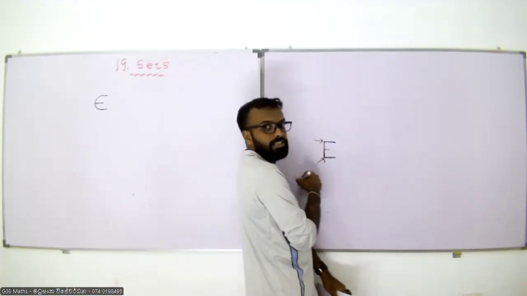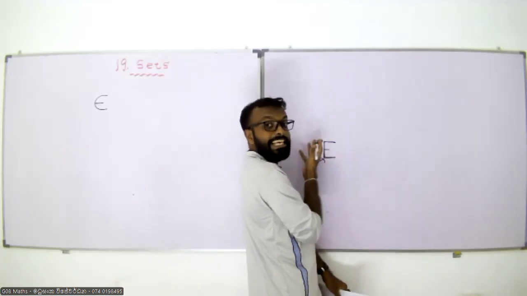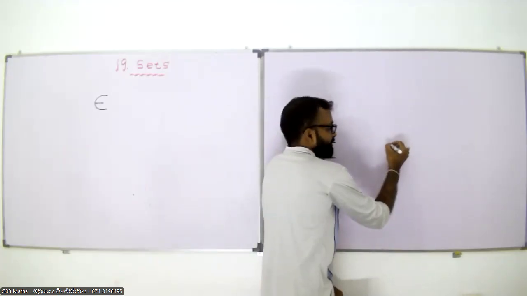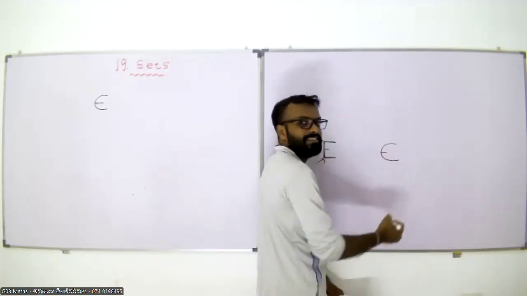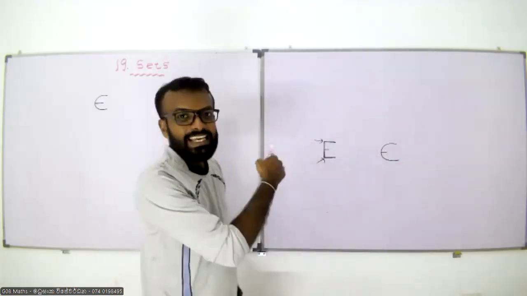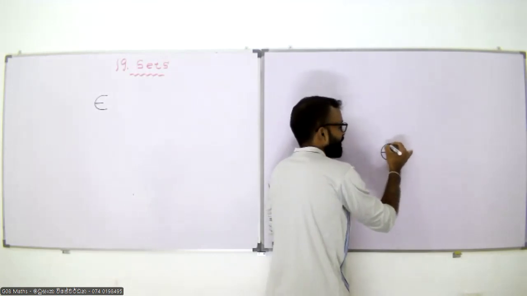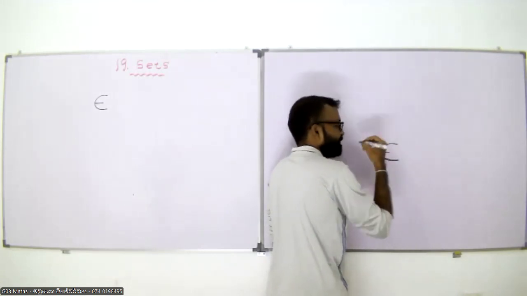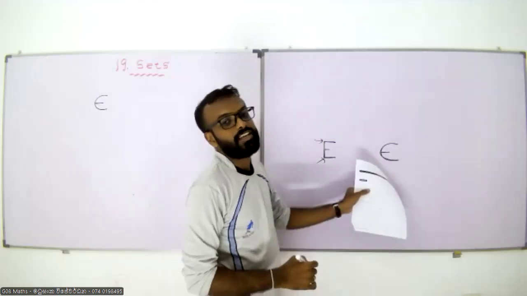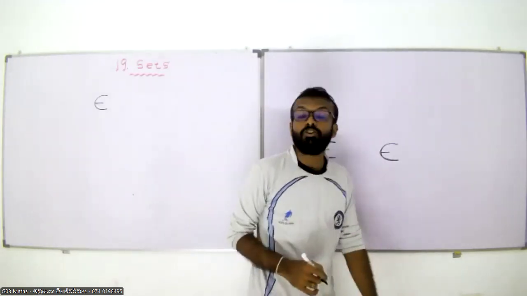But this is the curved one. First you write a C, then put an E. This is called epsilon.